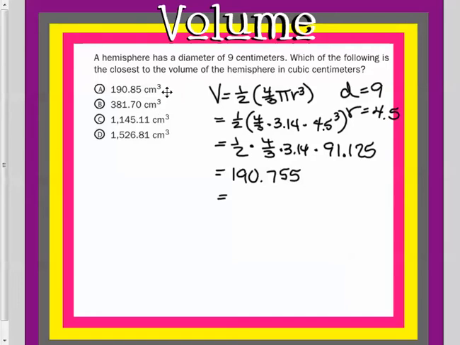But the choices that they give me are in hundredths. So I'm going to look at this 5, and this 5 tells me to round up, and I get 190.76. So they ask us for which is the closest to the volume, so A would be the closest.